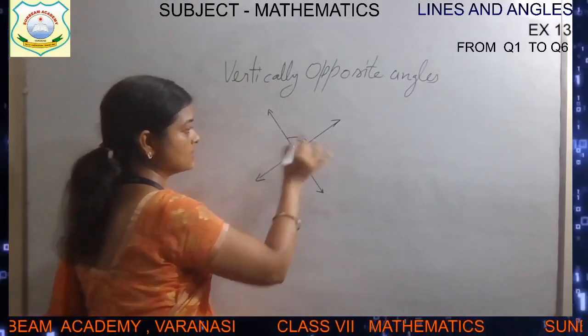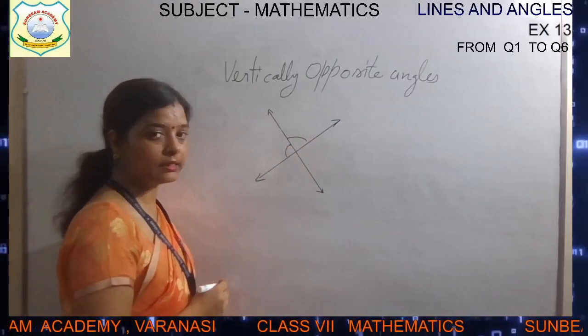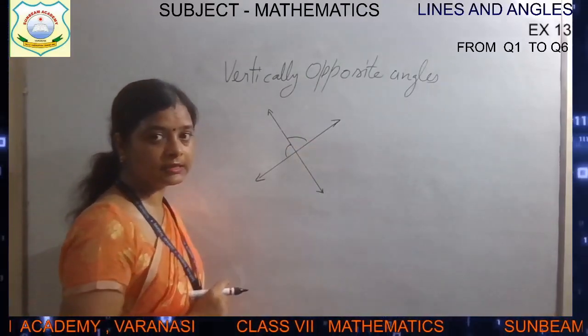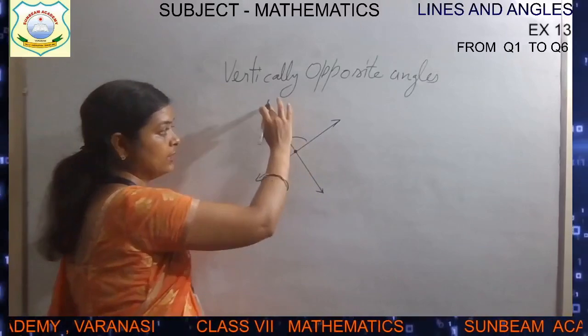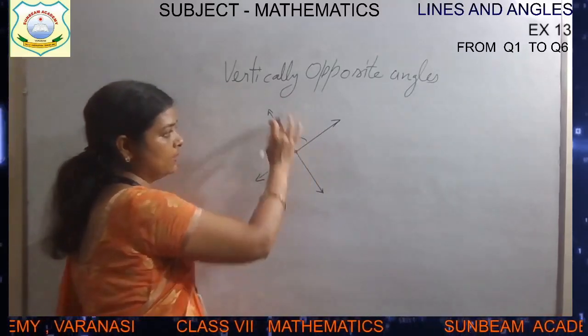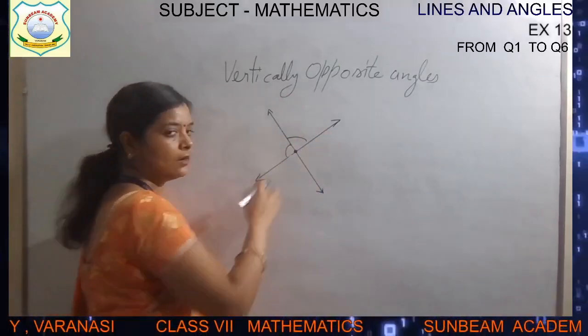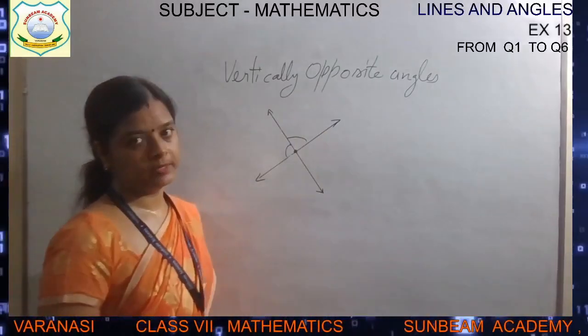These two are adjacent angles, isn't it? अभी बताया adjacent angles क्या होते हैं. They have the common vertex, have one common arm, ये वाला common arm है इनका, and non-common arms are on either side of the common arm.